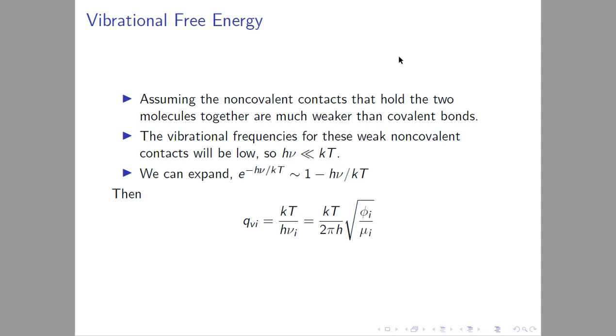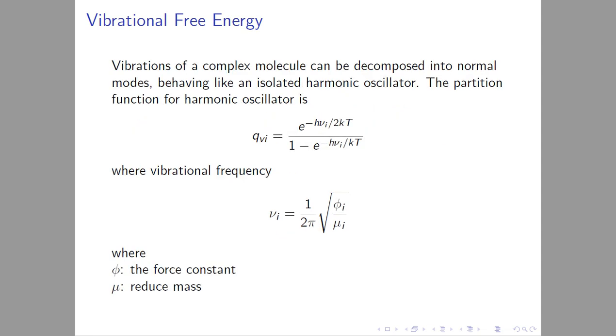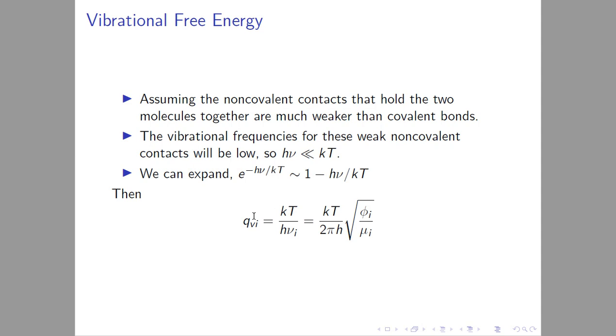So if we expand it, exponential of minus h nu over kT equals 1 minus h nu over kT, and put it back into this equation. So we get Q_VI equal to kT over h nu_I, or equal to kT over 2 pi h times the square root of the force constant over the reduced mass mu_I.